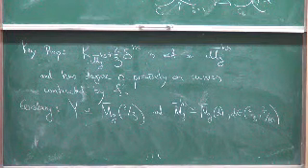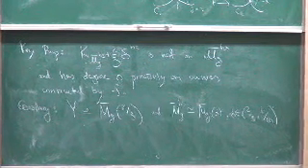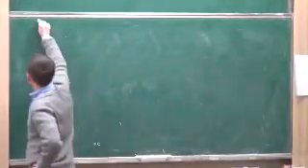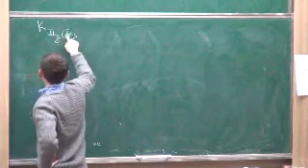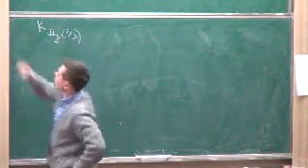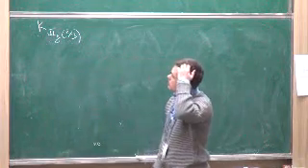Namely, we have a line bundle, K_M, on our space M_2/3, on the moduli stack.